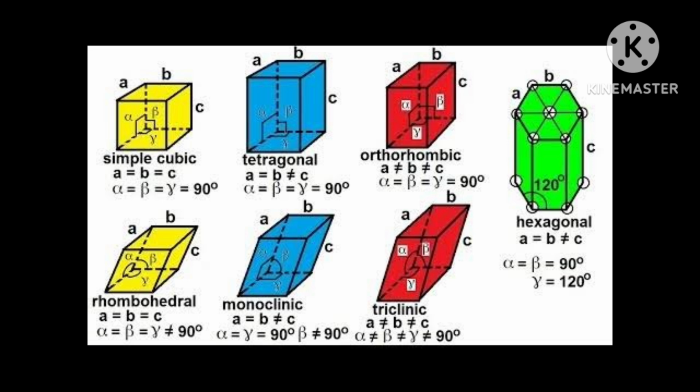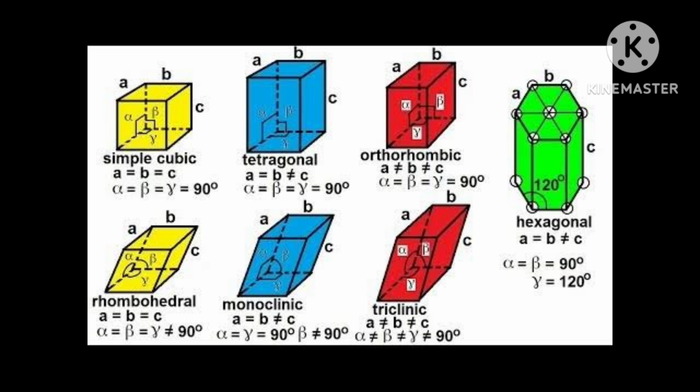And here you will find A is equal to B and B is not equal to C, like the second one, tetragonal. Same condition is here in the fourth one, hexagonal. A is equal to B, B is not equal to C.